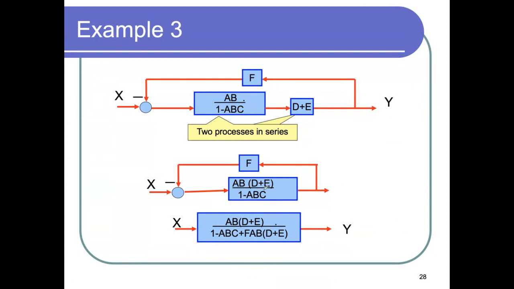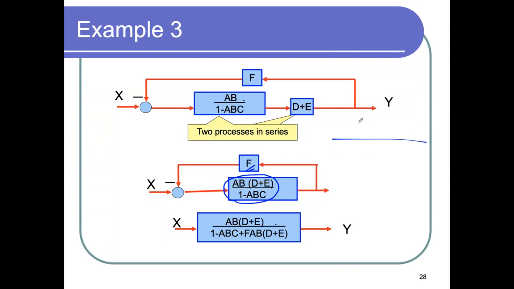Then you will have two blocks here now, one representing D plus E, the other one with the feedback. And you'll have these two as cascades, so you multiply them. You have another feedback with F. So this is one way, or you can start with the feedback from F and then do something about it. There are multiple ways to do this, really.